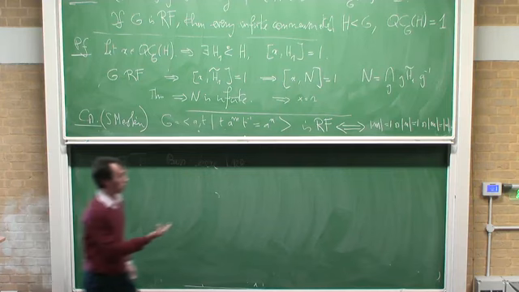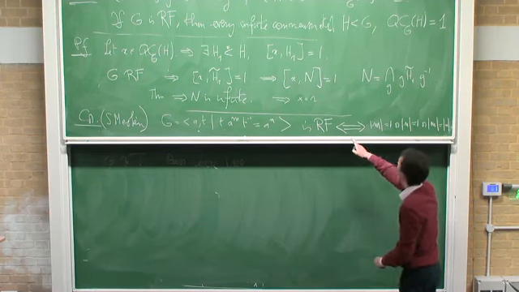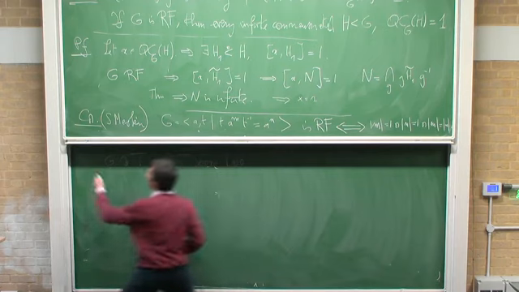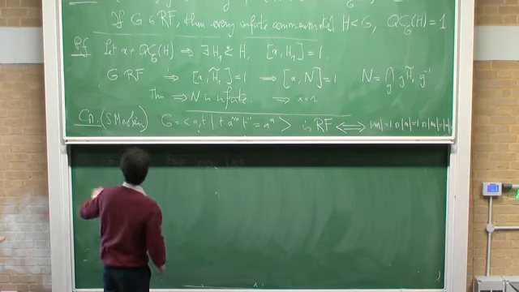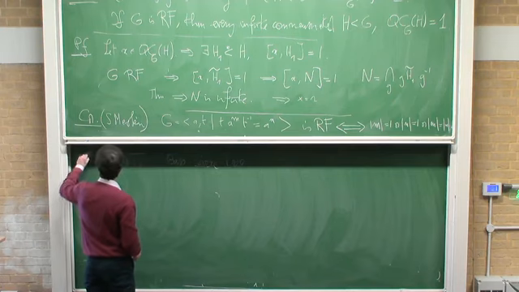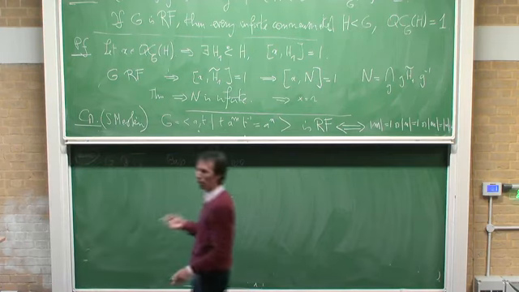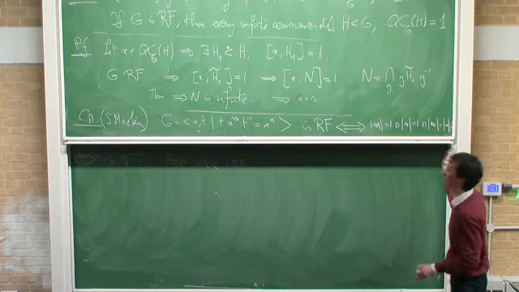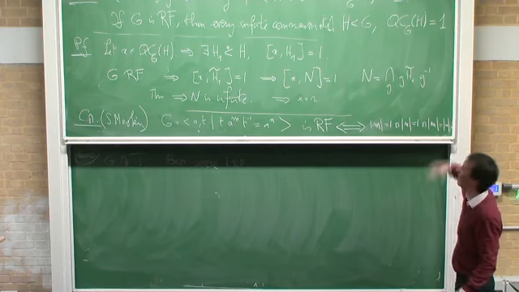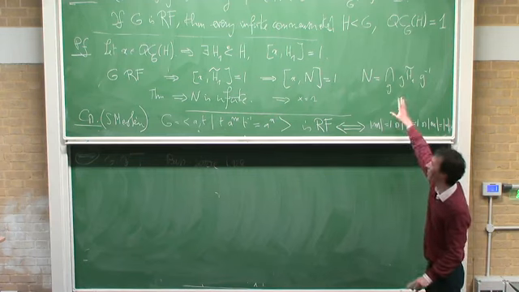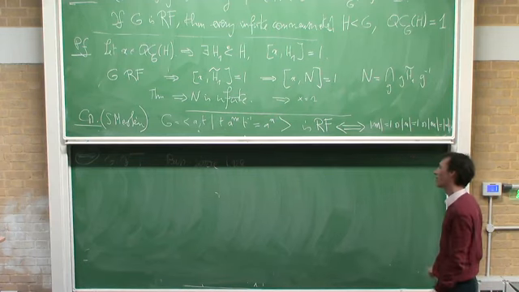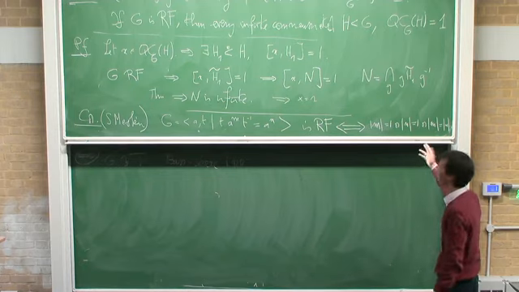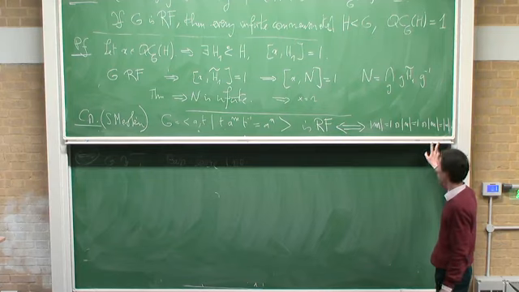And now I will only show this direction. The other direction is not a consequence of that, so you need to use other results. So let's argue about this direction.